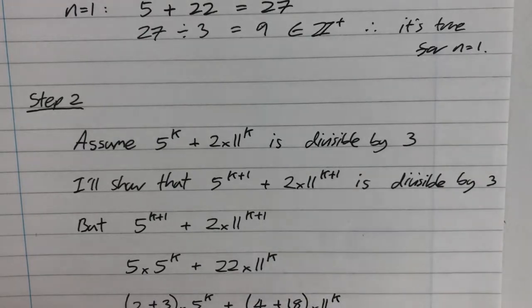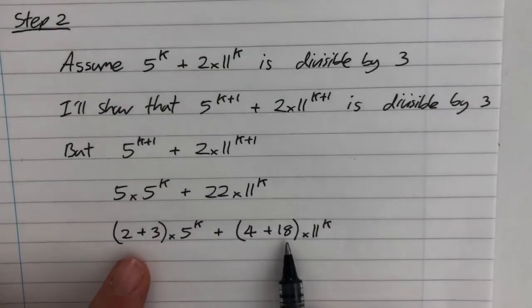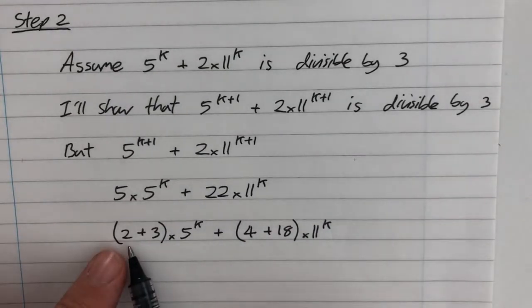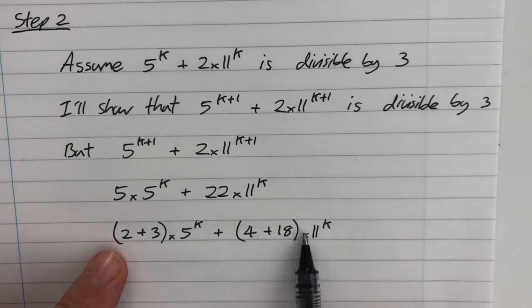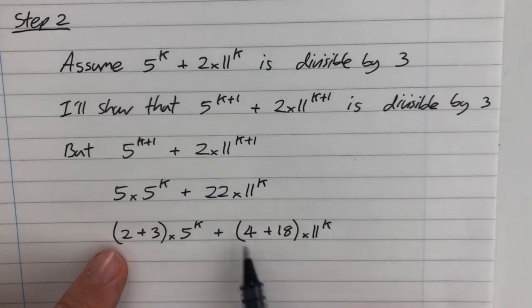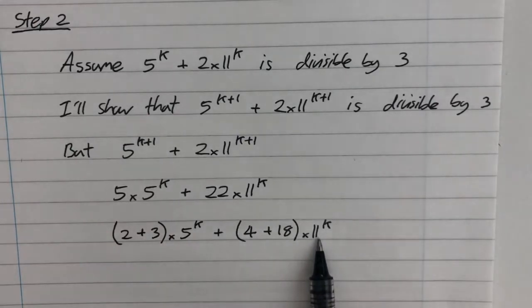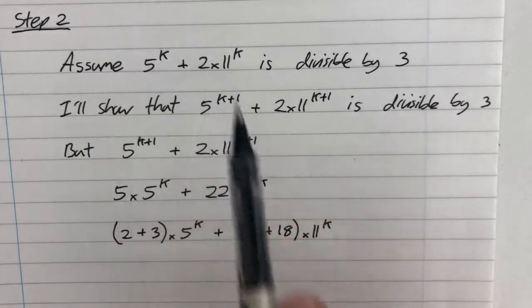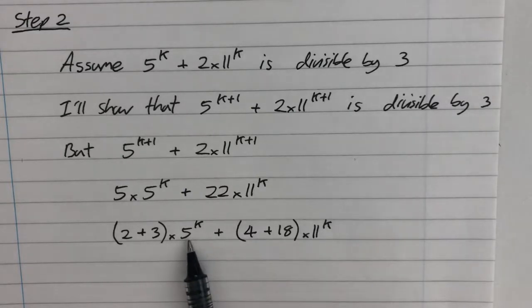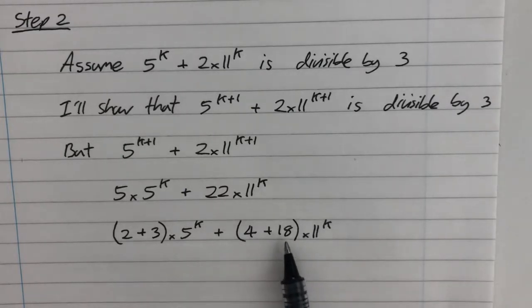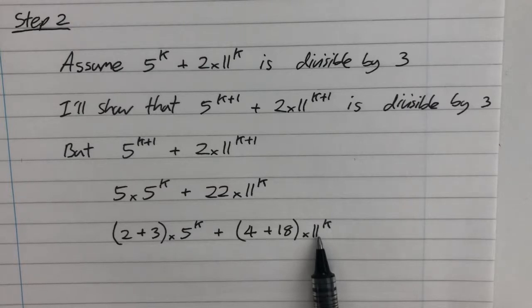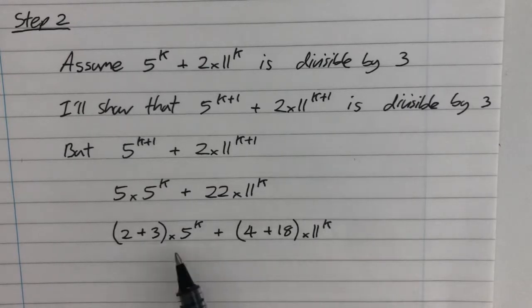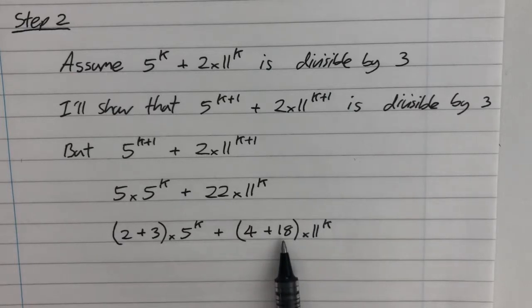Okay, so I've written the 5 as a 2 plus 3, and I've written the 22 as a 4 plus 18. Okay, now the reason I've done that is so that when I multiply out these brackets, I will have 2 5 to the k's and 4 11 to the k's. That's essentially 2 of my assumptions. I'm left with then 3 times 5 to the k and an 18 times 11 to the k, both of which are divisible by 3 because 3 is divisible by 3 and 18 is divisible by 3.